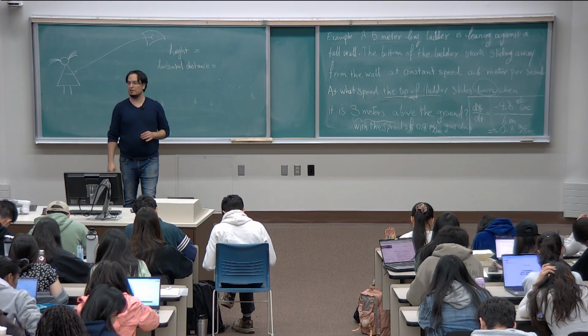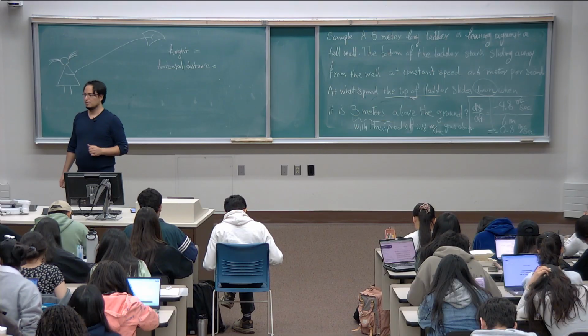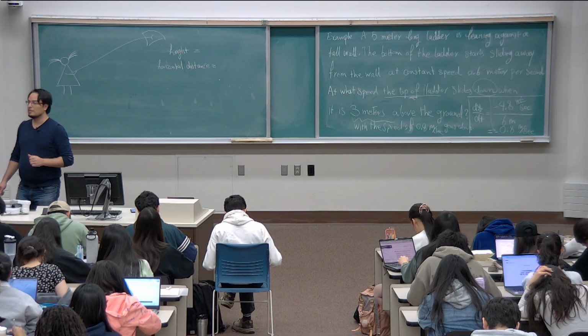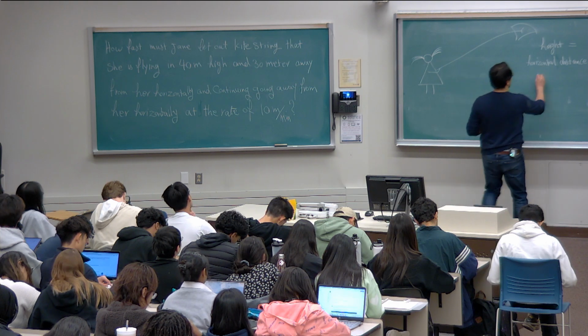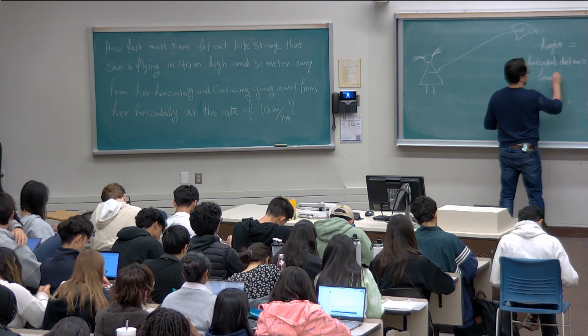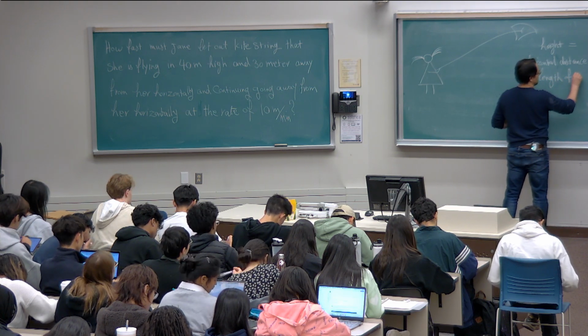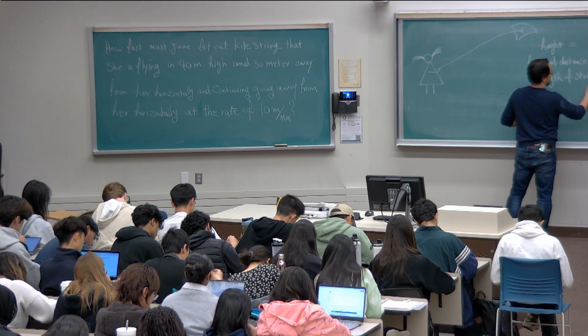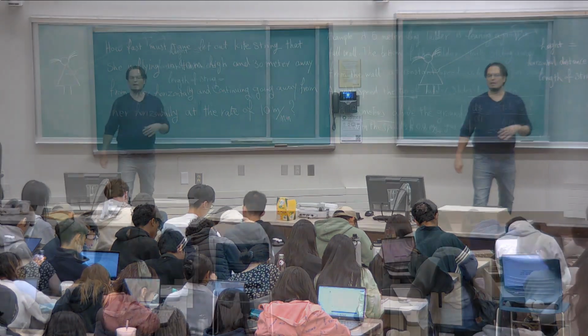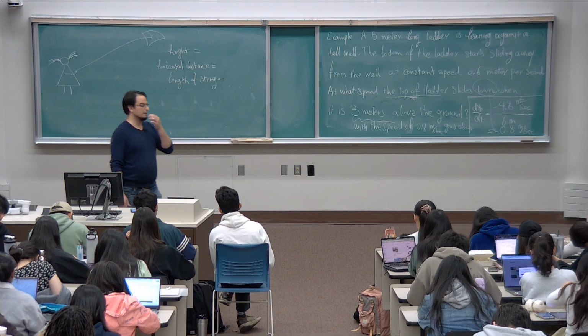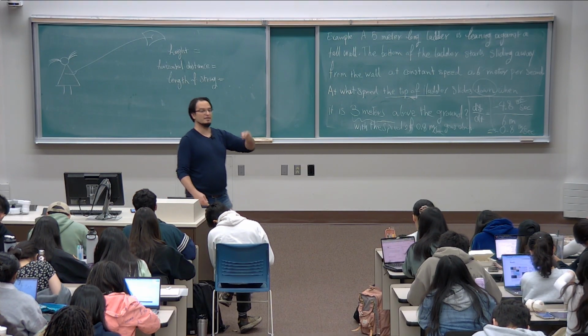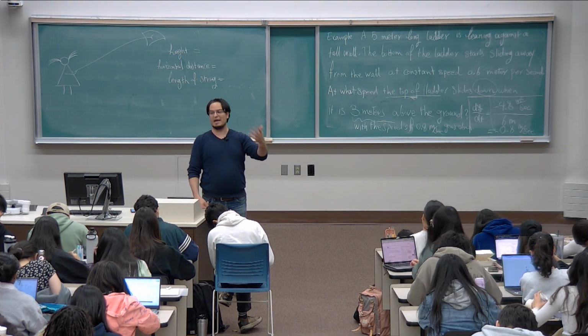What else? Yes, please. The length of the string, the kite string. Well, you can check if you see any other quantities, you have to write them. And sometimes you need to revisit this, come back and maybe add some more.